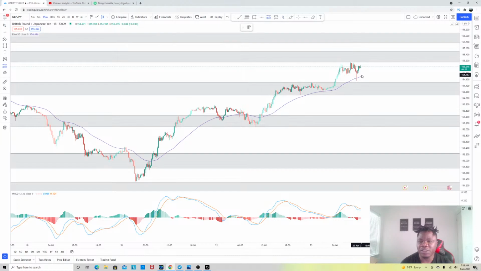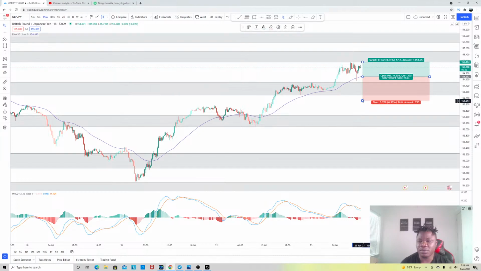We actually still have GBP JPY. We actually still have this trade running here. We had somewhere here, and we're gonna take profit right there.